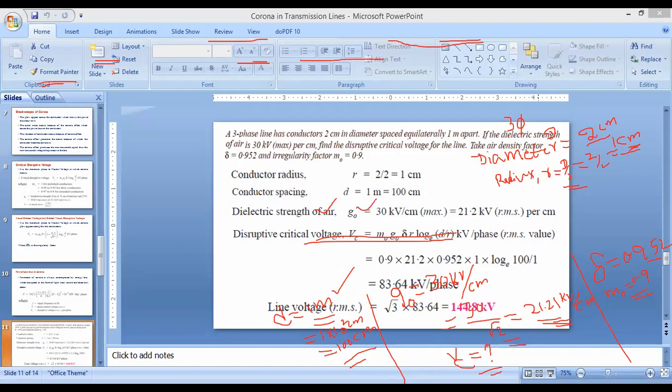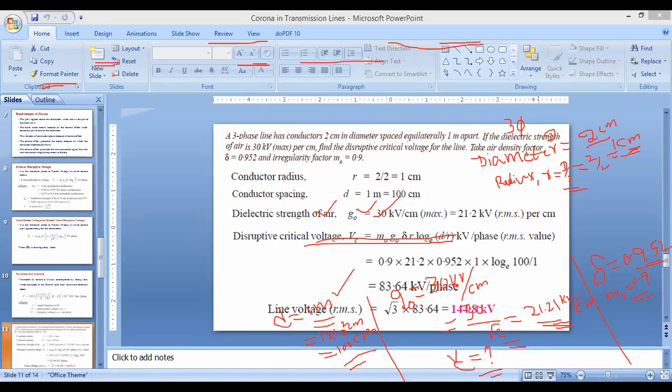The air density factor delta is 0.952, the radius r of the conductor is 1 centimeter, and d by r is the spacing 100 over the radius 1. All the data is there. Substitute into the formula and we will get the answer.